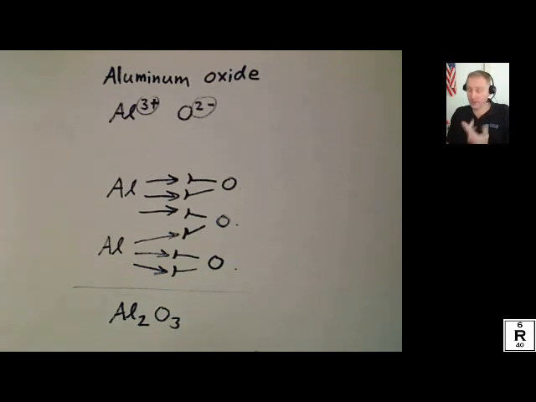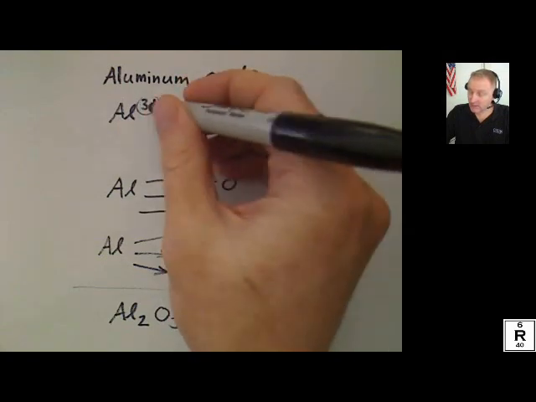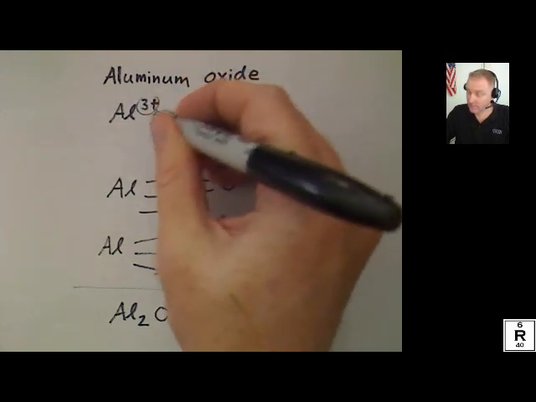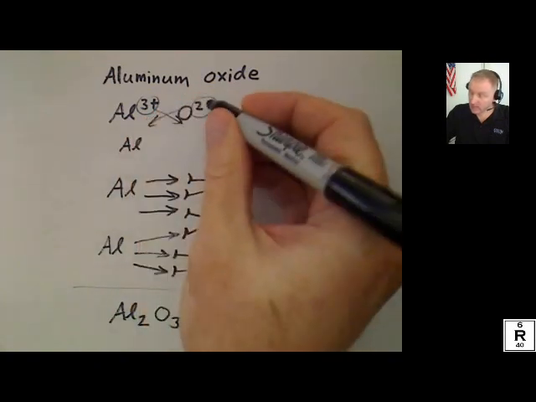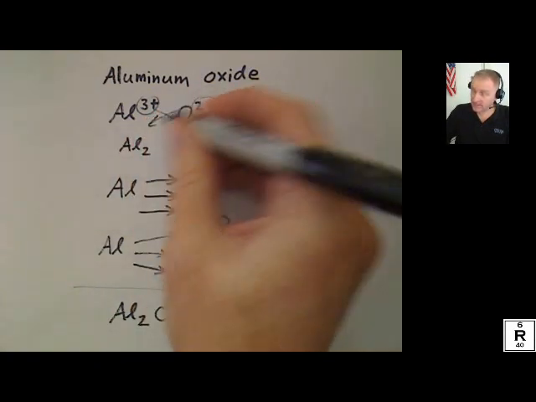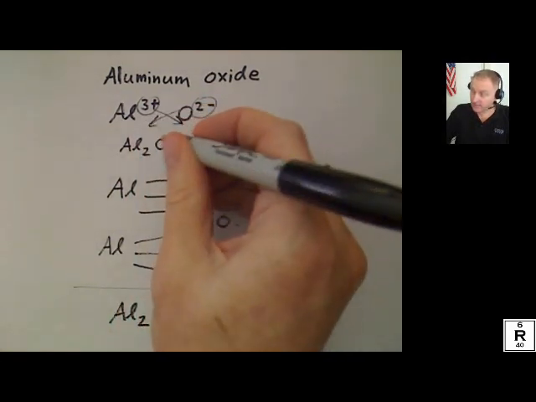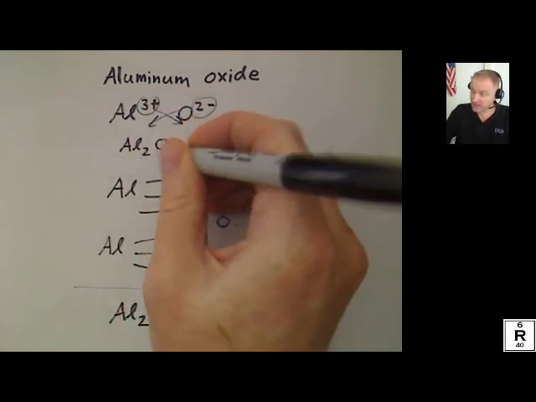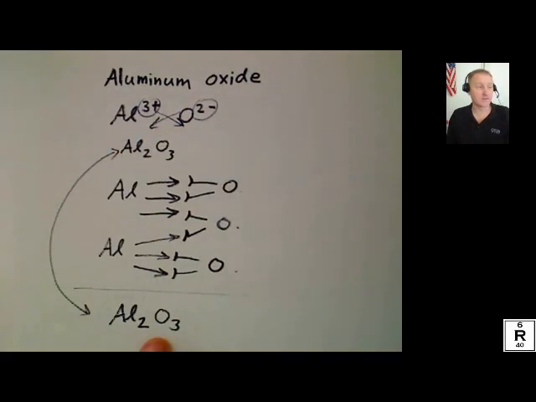Another trick, and this is what most people do, is you take these charges and cross them. You put the anion's charge as the aluminum's subscript, and you take the aluminum's charge as the oxygen's subscript. Just cross the charges and you get the same answer.